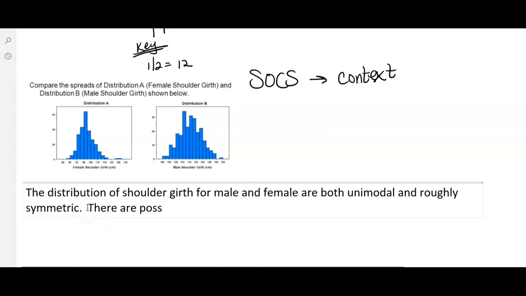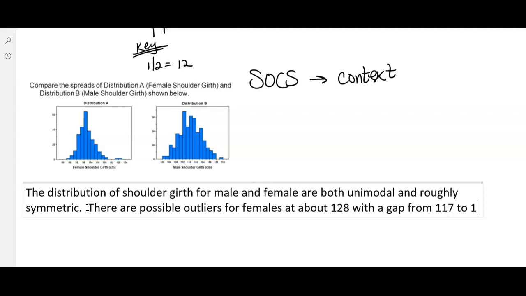There are possible outliers for females at about, I think that's 128. They're counting by, looks like they're counting by 16, so 128, with a gap from 117 to 126, or 125, 124, something like that.